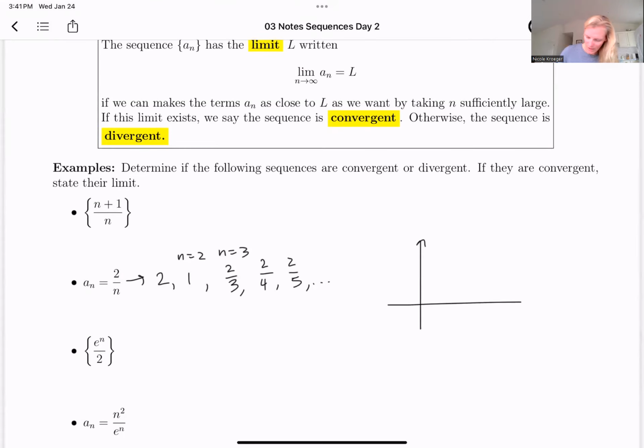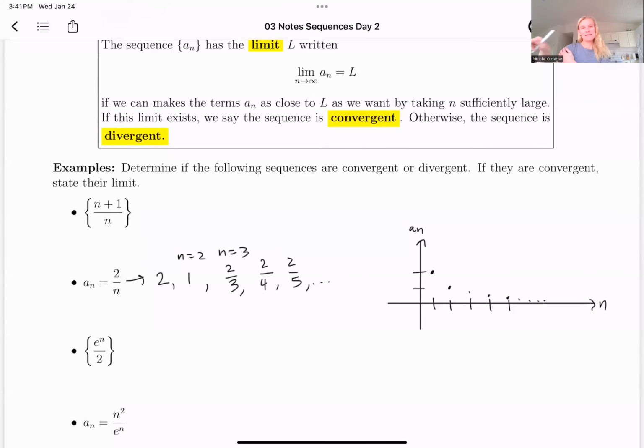So let me think about graphically what this would look like. So what I'm going to do is I'm going to graph n on the x-axis and a sub n on the y-axis. And so when I plugged in n equals 1, I got 2 out. When I plugged in n equals 2, I got 1. Then I got 2/3. Then I got 2/4, and then I got 2/5. These numbers are getting closer and closer to 0.